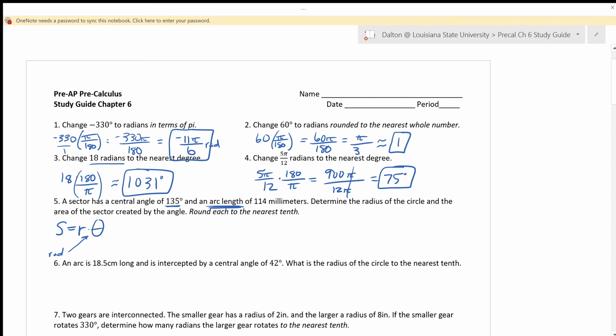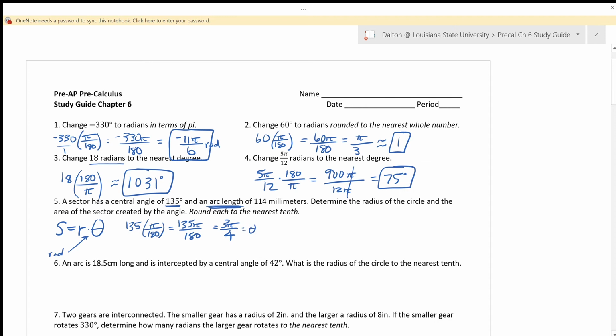So if they give us the angle in degrees, the first thing we need to do is convert that 135 degrees into radians by multiplying by pi over 180. If I do that, I get 135 pi over 180, and if I reduce that, I get 3 pi over 4. So this is now theta in radians.